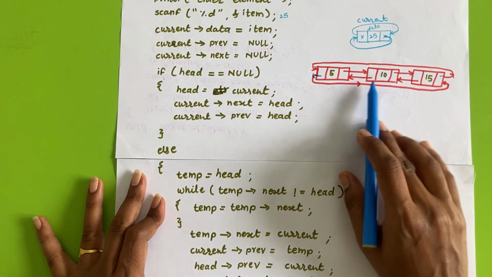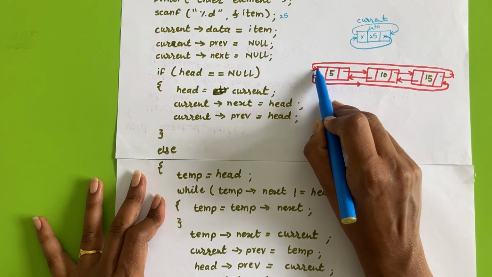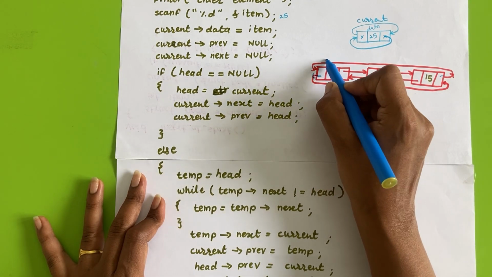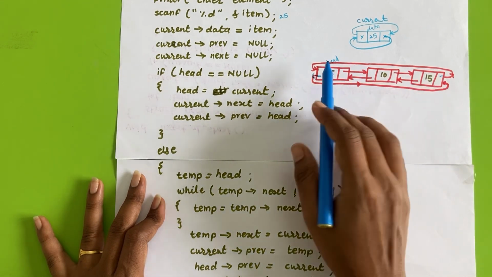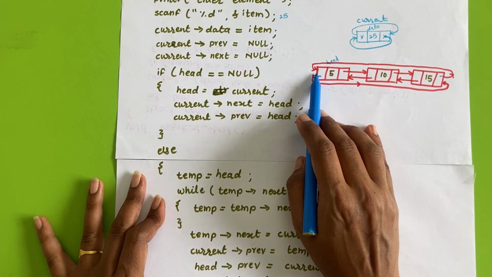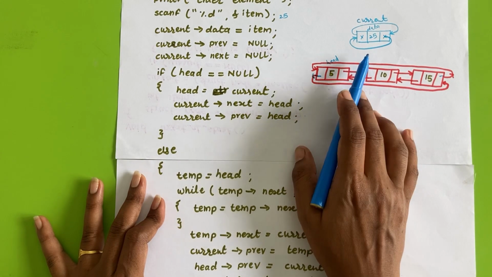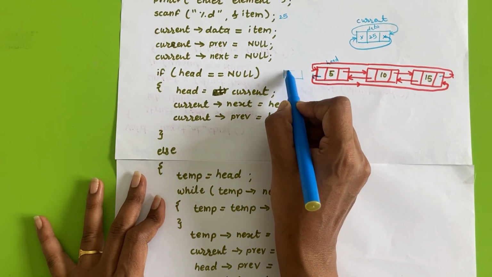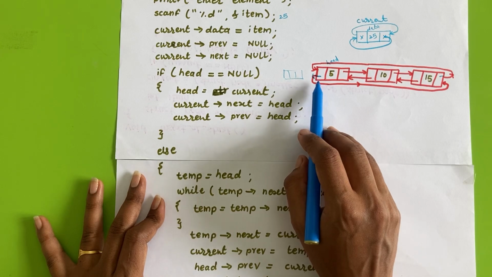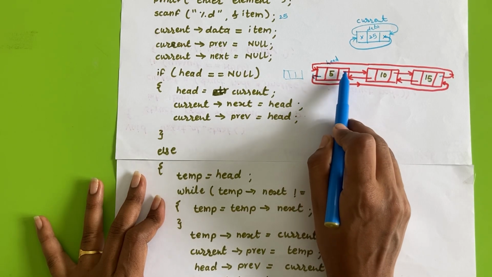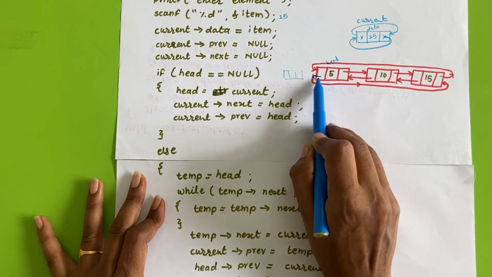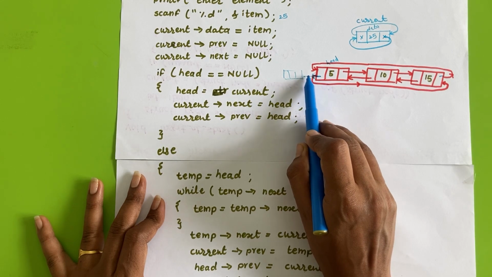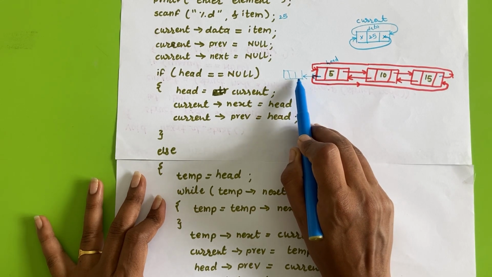So first is the pointer field of this node. So now this node is my head node. Okay, so the head's previous field will get changed, because this newly created node will be added here. Okay, so after addition, what will be the changes needed? So this head node's previous field will point to the current node.